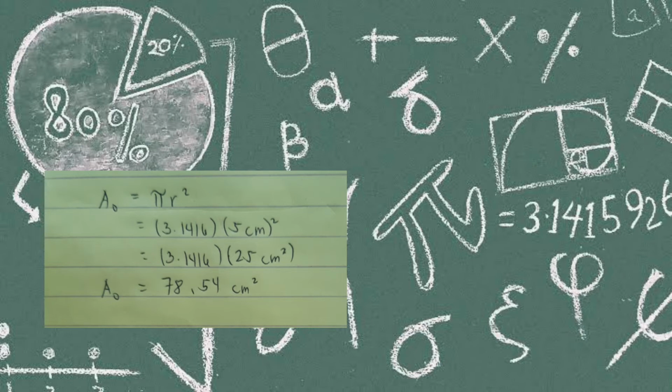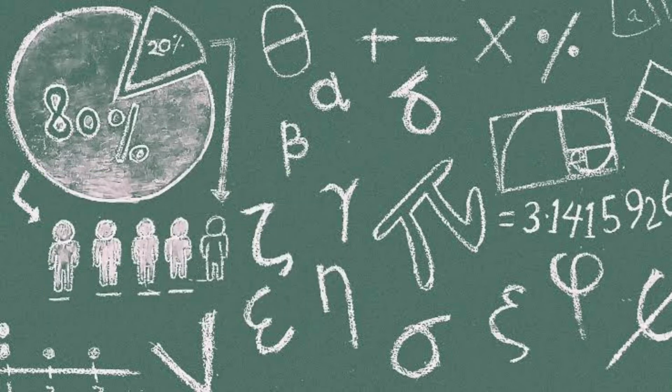So that means 3.1416 multiplied by 5 cm squared. 5 cm squared is equal to 25 cm squared. So the area of the circle is equal to 3.1416 multiplied by 25 cm squared. That will be equal to 78.54 centimeters squared. Now, we have the area of the circle.